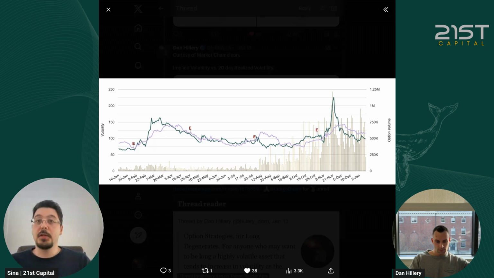That gives you exposure to all the positive gains from 400 to 1,000, but no exposure to anything beyond that, because your analysis says that's unlikely, or whatever thesis you have, and that lowers your premium. So you can even invest in the 400 to 1,000 upside with much lower cash. This is what kind of excites me. It might be too complicated for a casual observer, but the flexibility it gives you is very exciting.